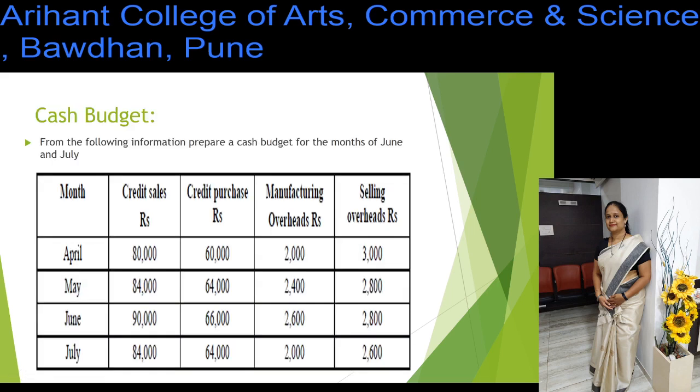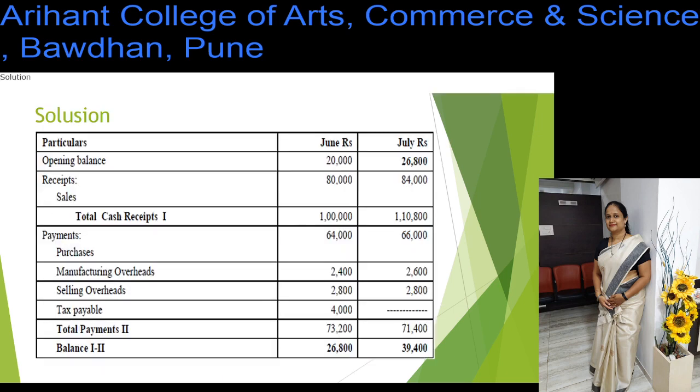Then we need to write purchases. All the purchases are credit, and the adjustment given is that all payments have a 1 month credit period. So whatever we purchased in May, we will pay in June, and in July we will pay for June. So in the purchases column you can see 64,000 and 66,000.